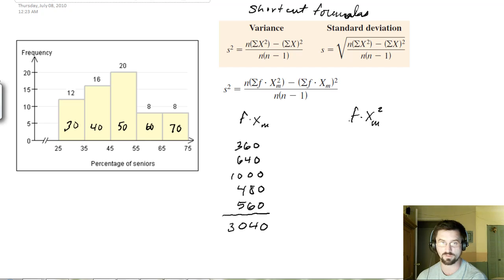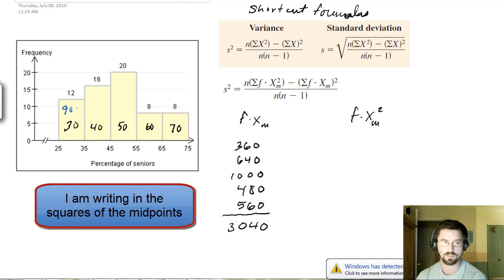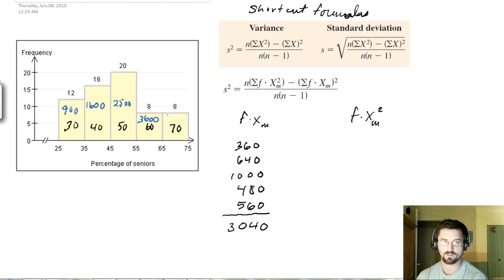Now over here I do the same thing, but first I have to square before I multiply by the frequency. Let's write all the squares up here: 900, 1600, 2500, 3600, 4900.